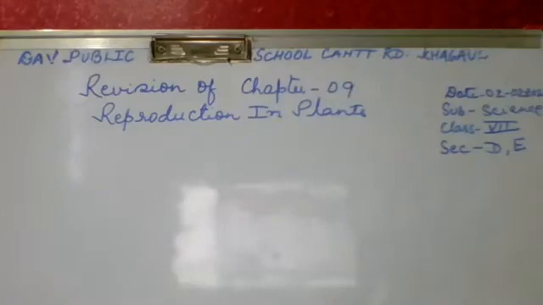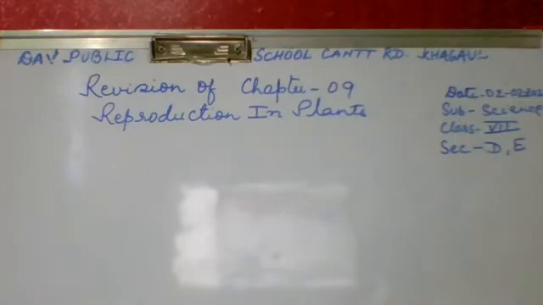Very good. Ma'am, did not petals answer the question? No, there are petals and sepals, but no need to include them. Only two types: male reproductive organ and female reproductive organ. Because my question is, what is the reproductive organ?